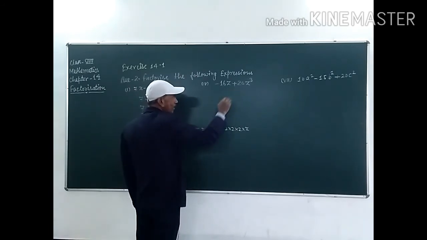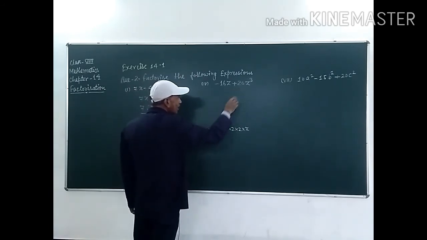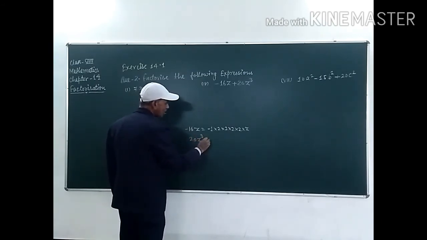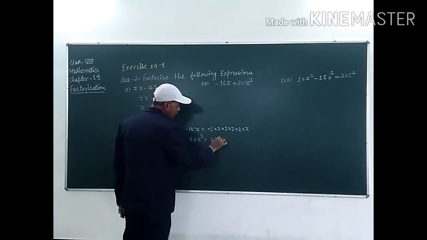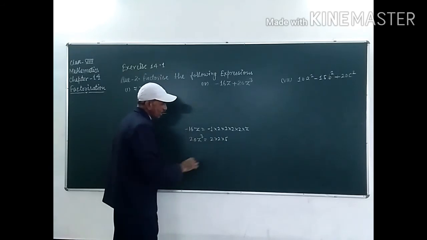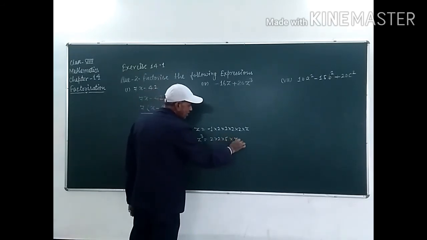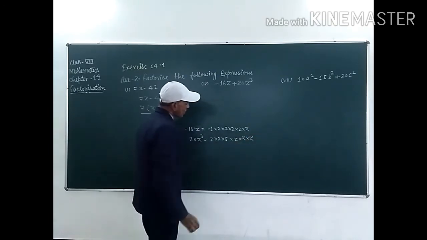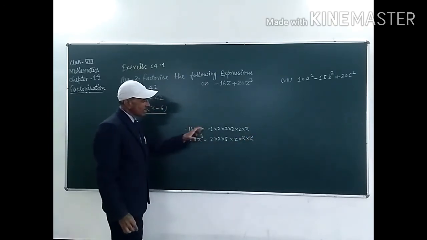Now, we have to find the factors of this one, 20z cube. So, factors of 20 will be 2 into 2 into 5, 2 2s are 4, 5 4s are 20. Now, z 3 times, z into z into z. So, students, in this we have to take the common factors first.